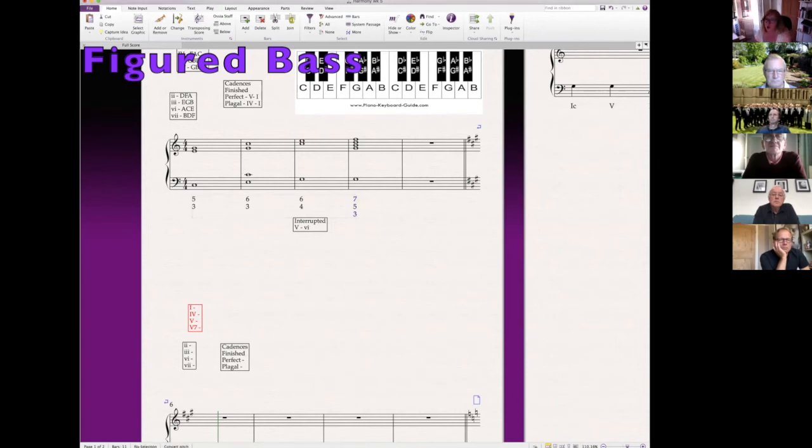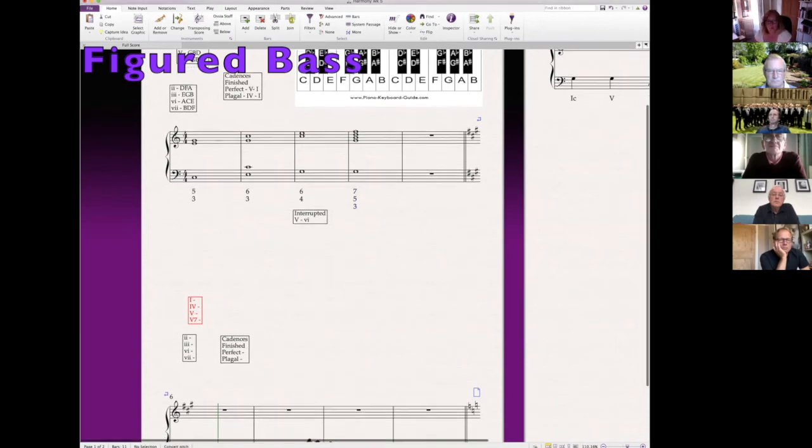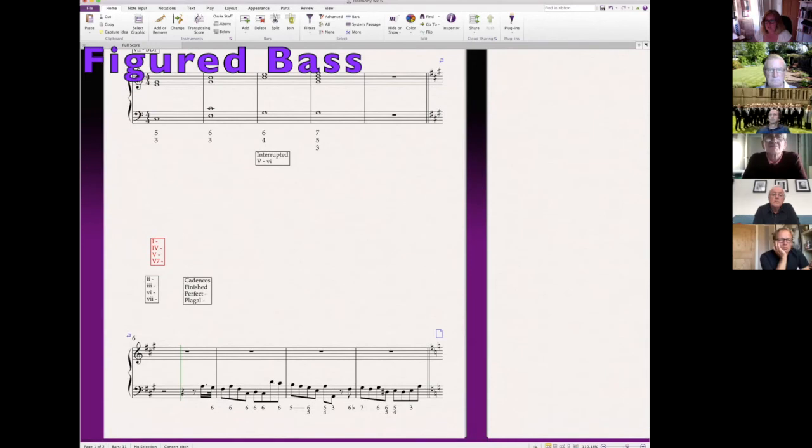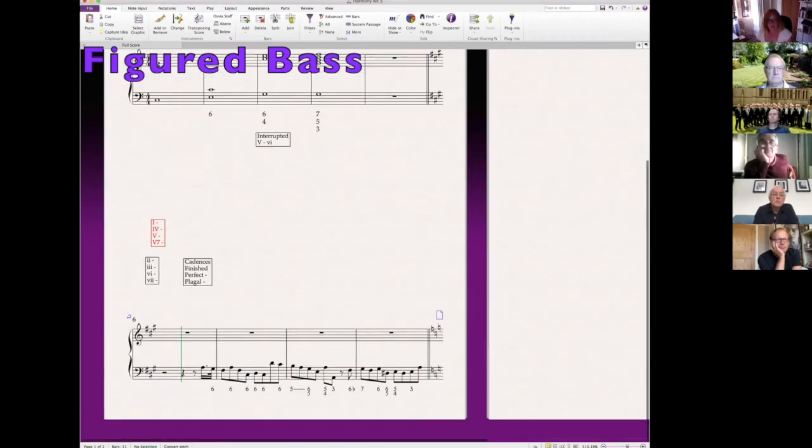So that's your shorthand. What they tended to do was, if it was root position, they just didn't bother. Because if I see a C, I play the chord of C. It wasn't really difficult to think about. This one, they abbreviated to just the number 6, and you can see loads of those here, look.